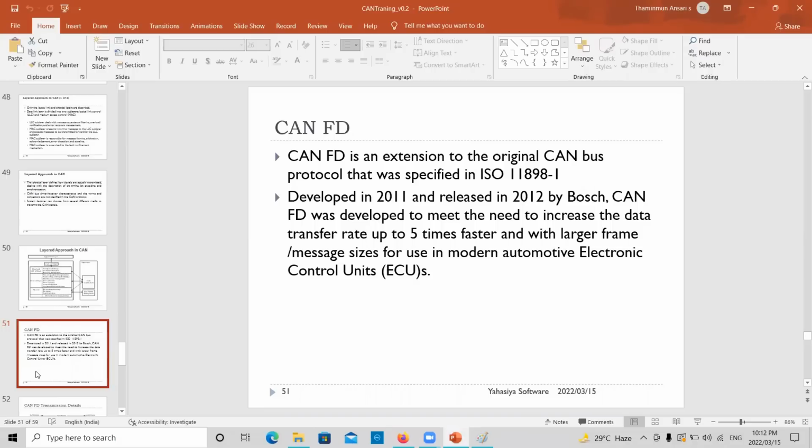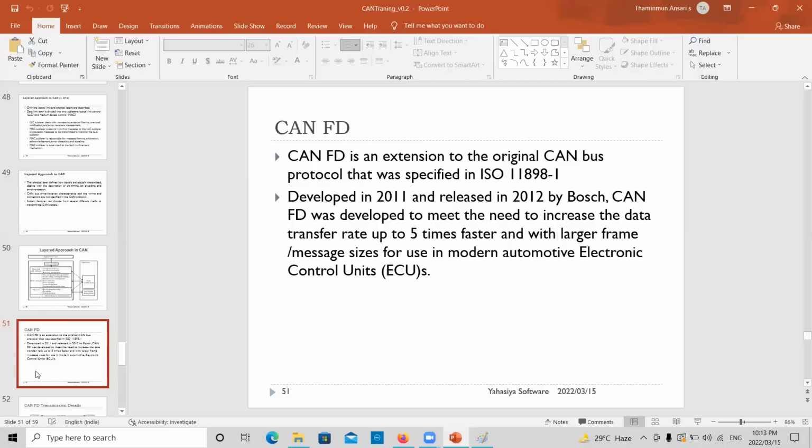CAN FD is an extension to the original CAN bus protocol that was specified in ISO 11898-1. That is the ISO number for the CAN standard. They extended the basic, standard CAN that we have to the next level.